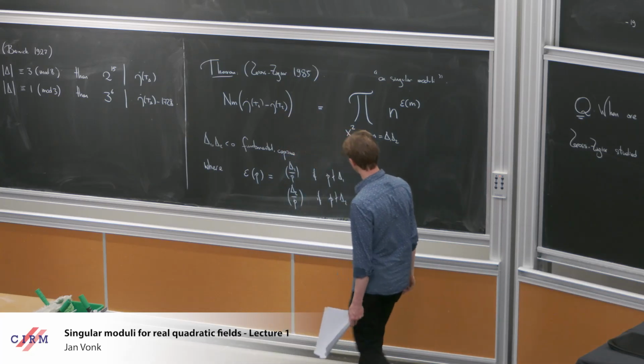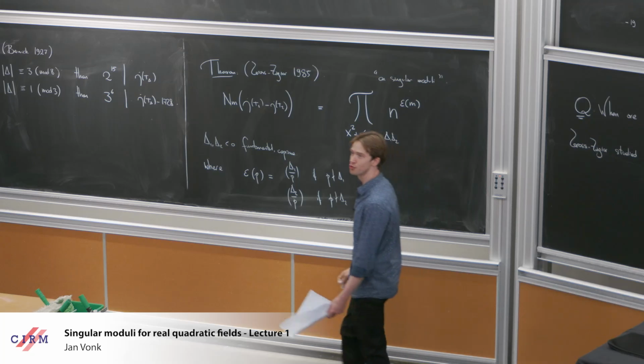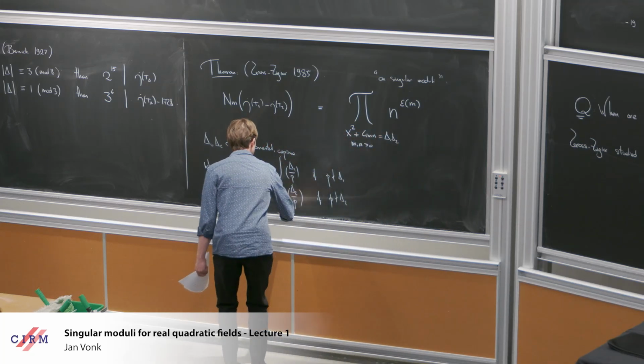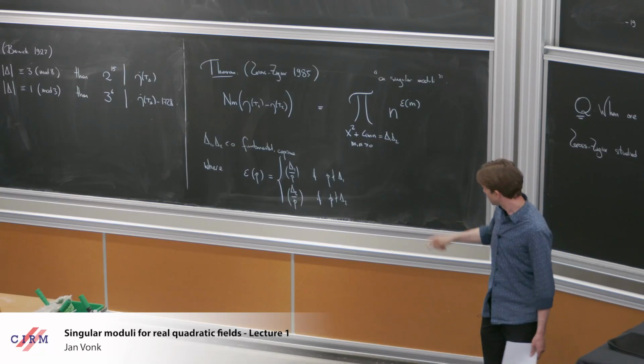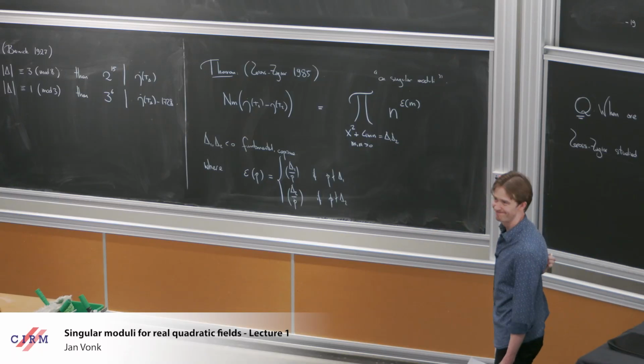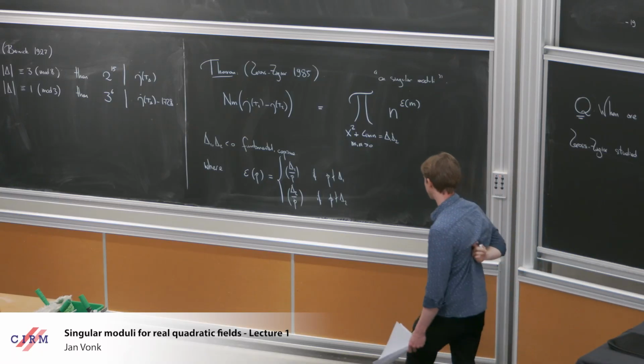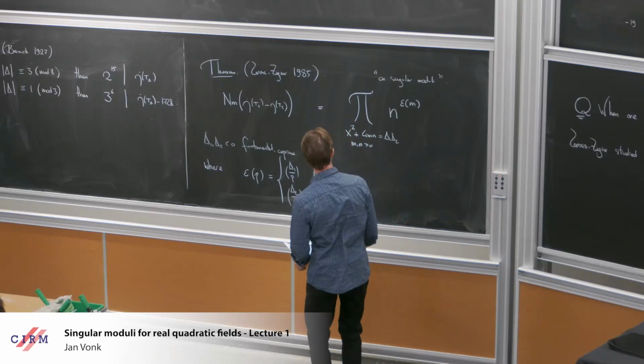And of course, because delta 1 and delta 2 are coprime, at least one of the two cases must happen. And you can also check that for anything appearing in here, the two values will agree, which is not a priori clear. Okay? And I think that's the formula.